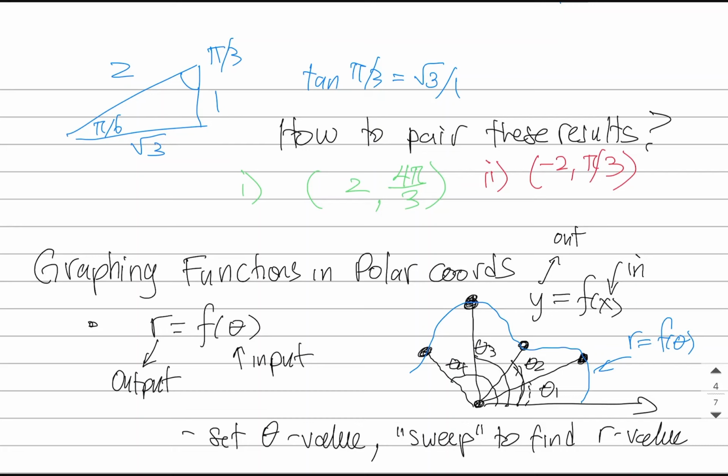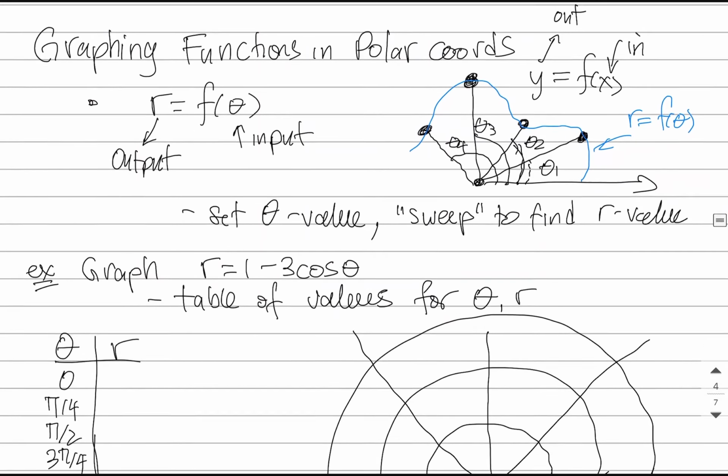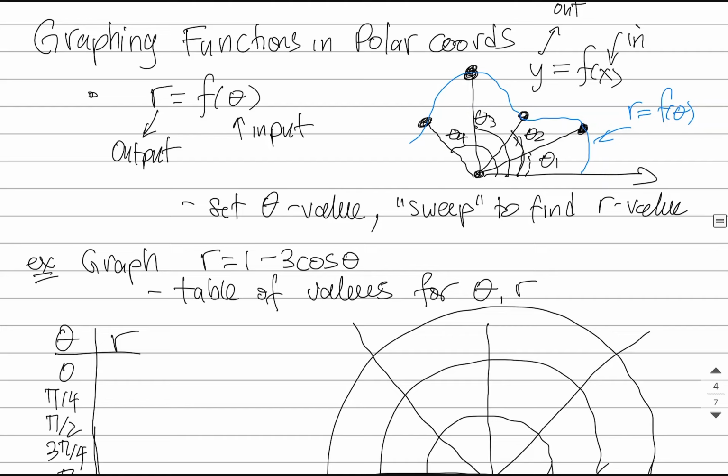Now, these functions don't pass the vertical line test. That's not something that exists for polar coordinates, and that's okay. What's important is that if you give me one angle, I will only be able to give you one radius value for that given angle. Now remember, you can sweep and have lots of different rotations, so you can rotate by 2 pi to end up in the same point in space.